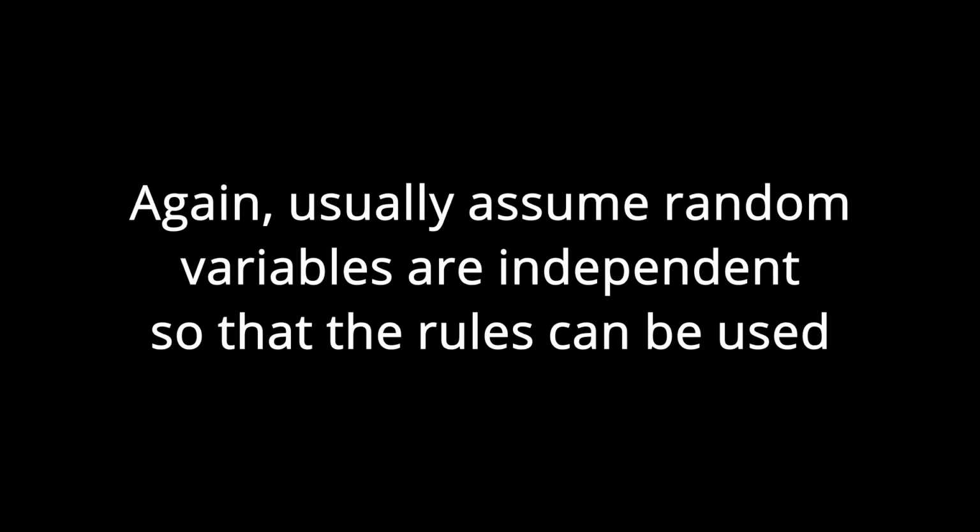As with sequences of events, usually it is assumed that random variables are independent so that the rules can be applied. So that's what it means for random variables to be independent of one another.